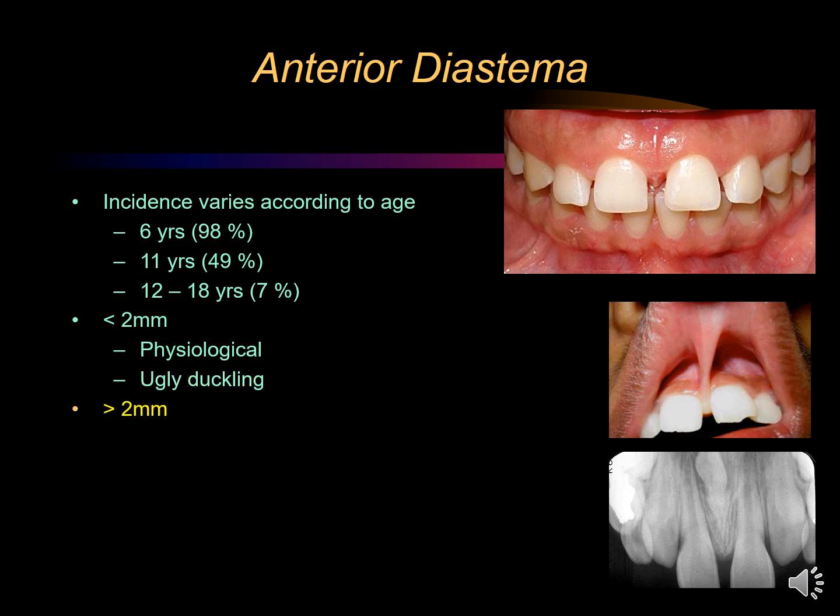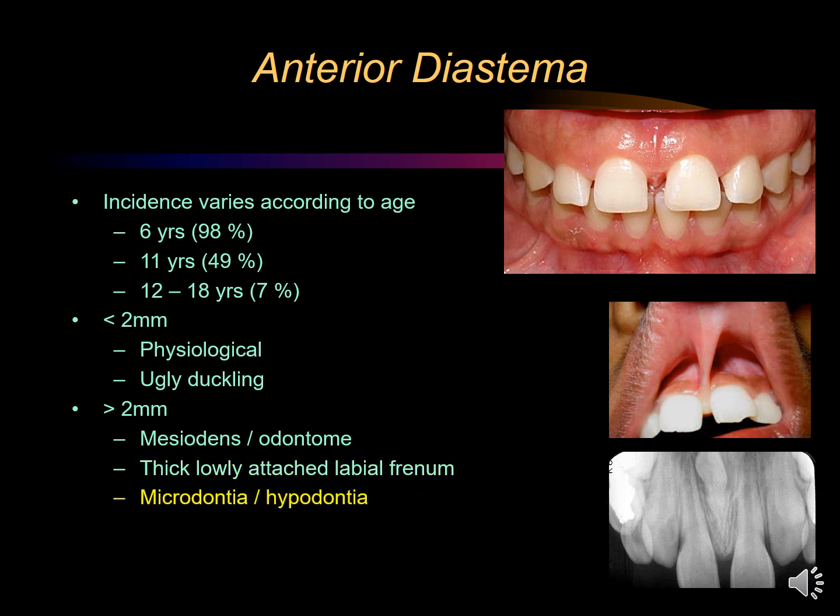Okay, if the diastema is more than 2 millimeters, then possibly it may be pathological and it may be due to the presence of mesiodens or odontomes. It could be due to a thick, low-lying attached labial frenum. Okay, or there could be a microdontia or hypodontia.